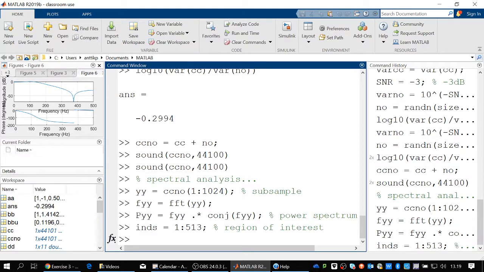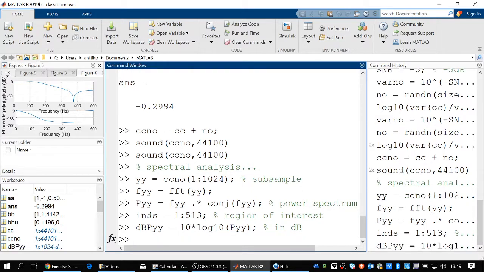Next, this is power, and you want to plot it in decibels. dBPYY is 10 times log base 10 of PYY, in dB. Then you probably also want to know the physical frequency axis, which is quite simple. FF equals the index minus 1, divided by 512.